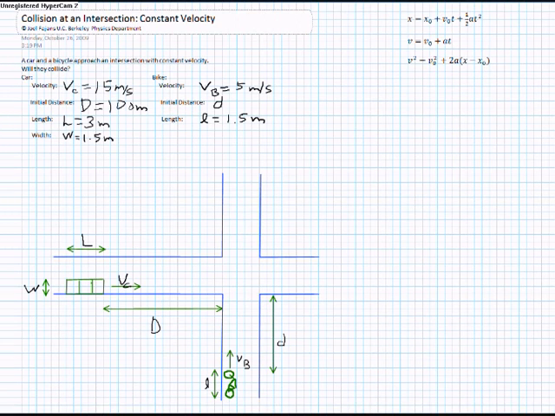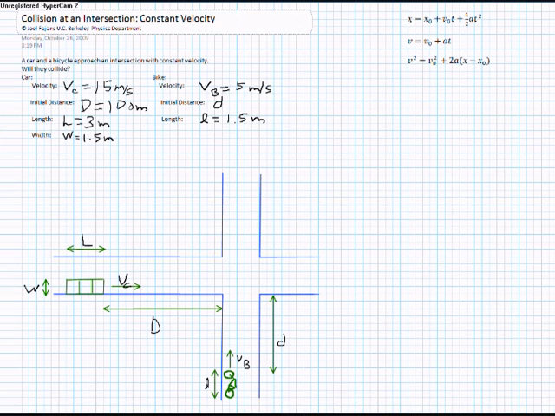We'll begin by calculating how long it takes the car to reach the intersection. In other words, the car, which is traveling at v sub c, has to reach the intersection a distance d away. We can find this time t by using the first kinematic equation.